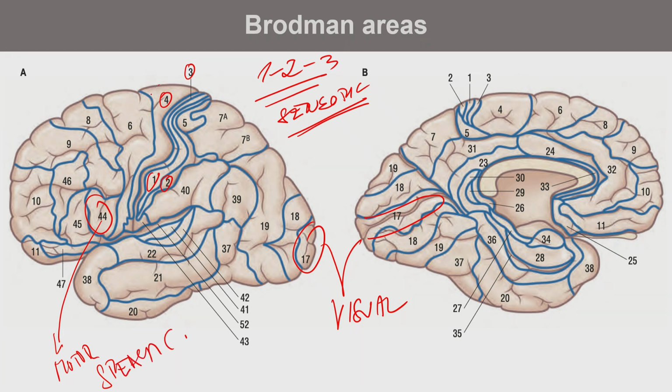And then the 4, which is motor. So you can easily remember 4 and 44. So those are important areas where we have the same architecture.